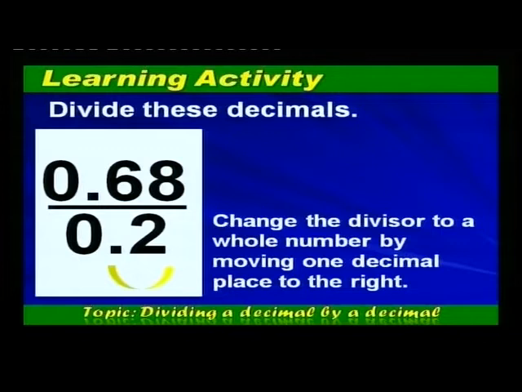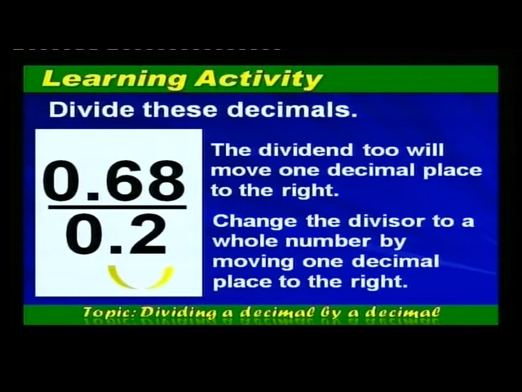Multiplying by 10. Excellent. It is the same as multiplying by 10. Remember, when you move to the right, you are multiplying. When you move to the left, what are you doing? The opposite, you are dividing. So please, those are the key concepts that you must understand. Let's now look at the next rule.